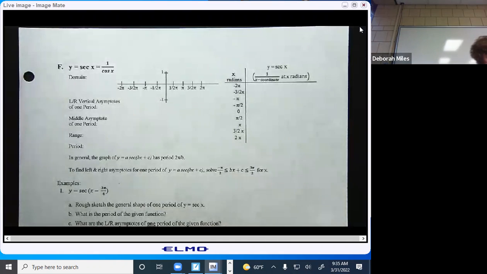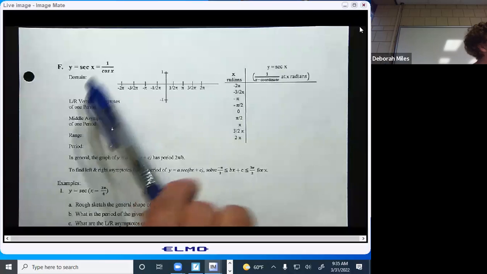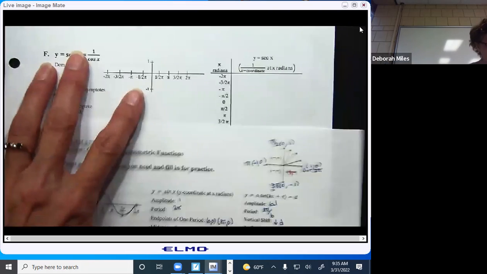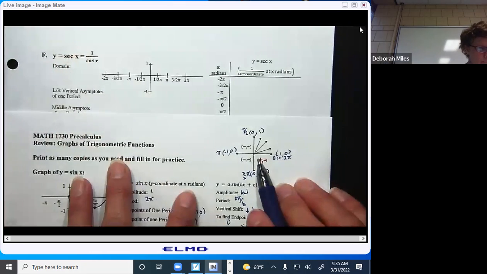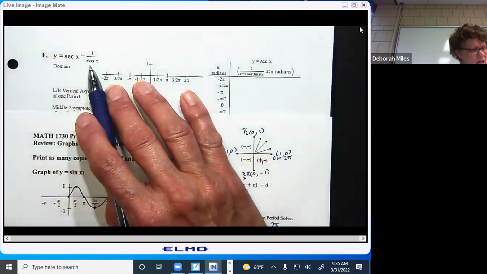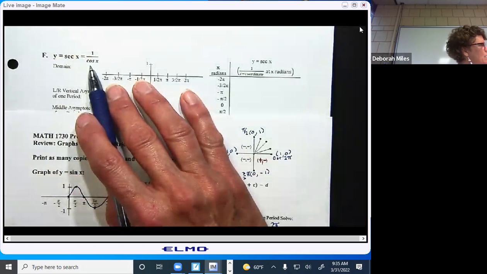Secant, we know, is the reciprocal of cosine. As we go around the unit circle, how do you determine the cosine at each of our common angles? Cosine is your x, so secant will be 1 over your x. And as we go around the unit circle, 1 over x is going to be undefined wherever cosine is 0.